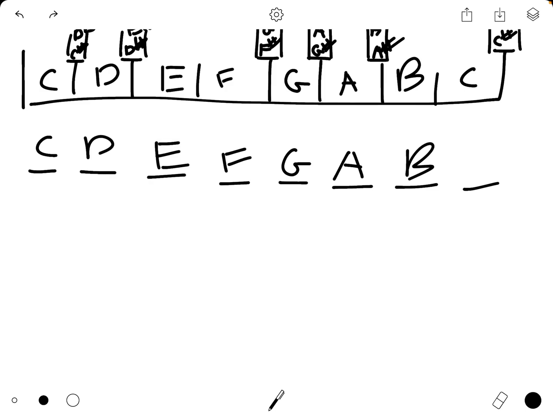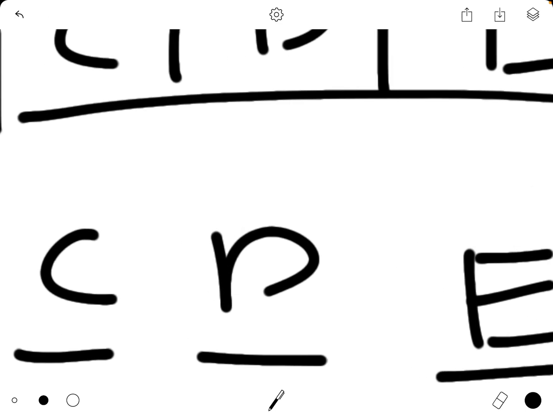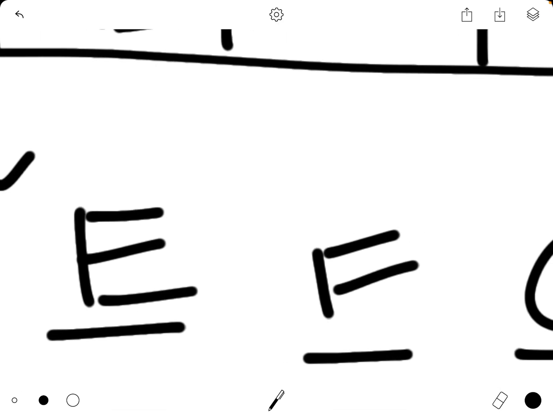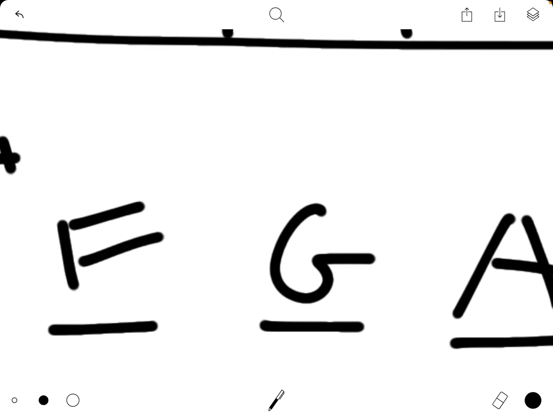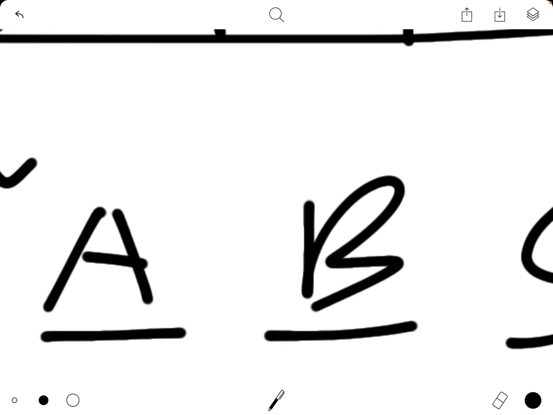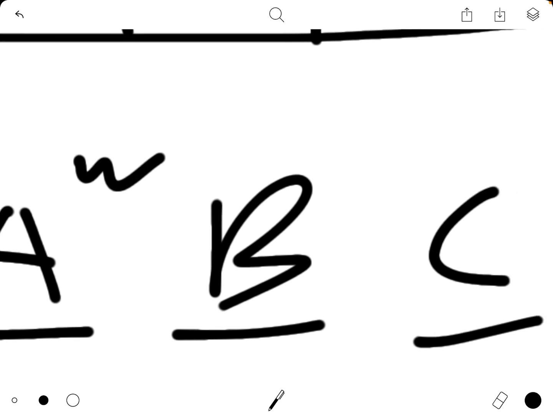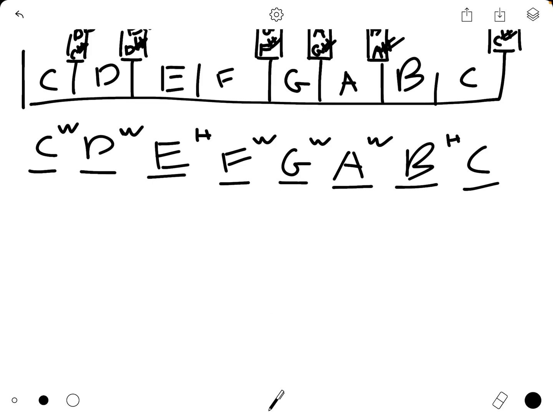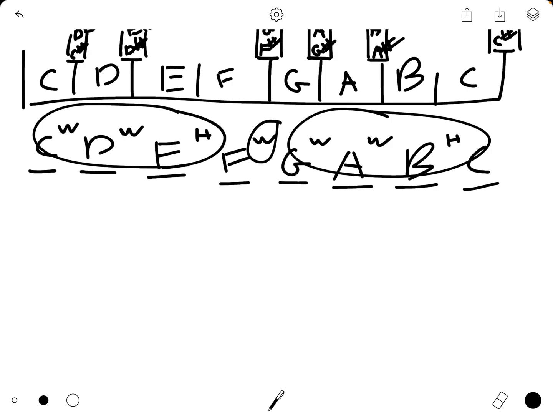What I would like you to write down is W for whole step, W for whole step, H between the E and the F, W between F and G, W between G and A, W between A and B, and H between B and C. Go ahead and copy the whole, half, whole, half. 2 wholes and then a half, and then a whole step, and then another 2 wholes and a half.